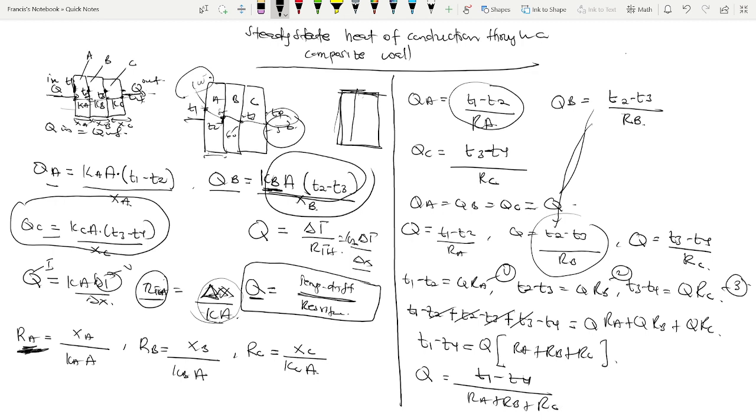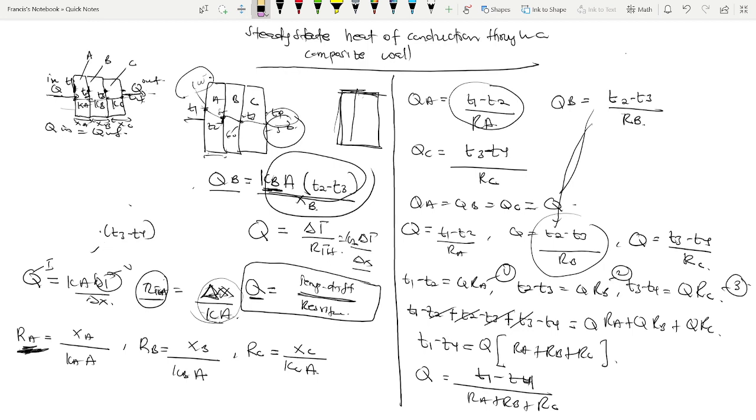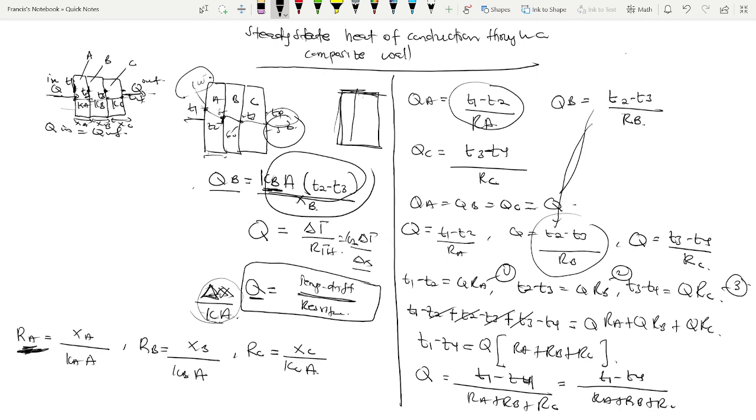Right. So now we can establish something here and say that our Q is equal to the temperature difference, which is T1 minus T4, all over RA plus RB plus RC.